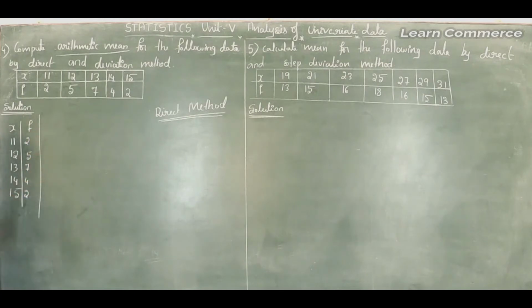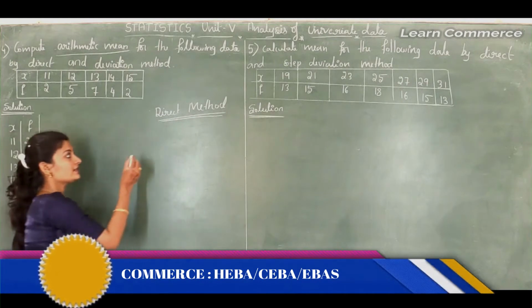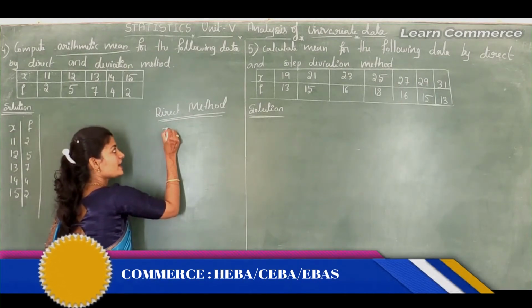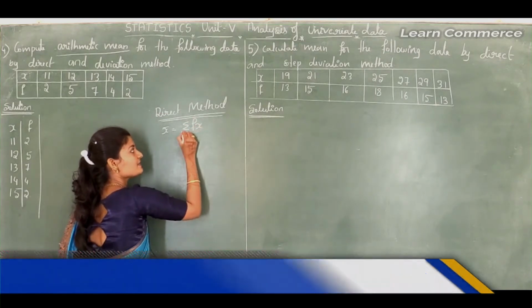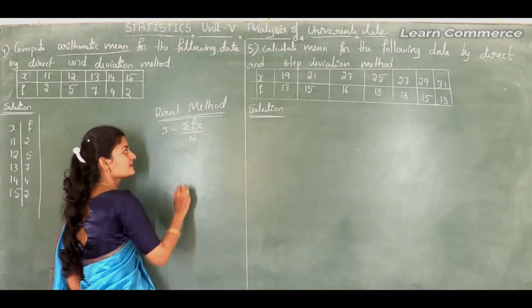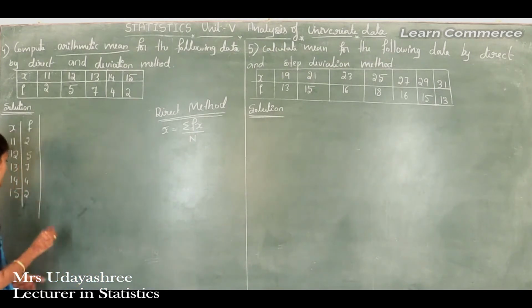So these are discrete data. In case of discrete data, to calculate mean, the direct method formula is x bar is equal to summation f into x divided by capital letter N. Here capital letter N is the total frequency.